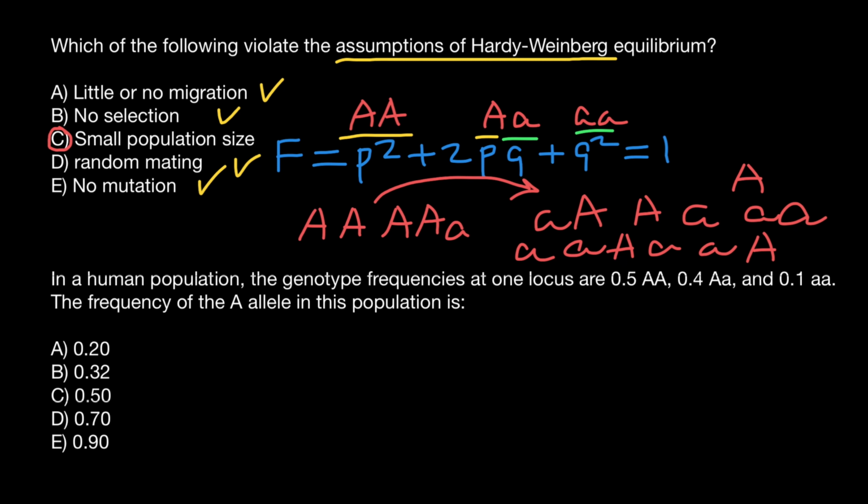Take a look. In the heterozygous genotype, we have both dominant allele A and recessive allele a. So half of the alleles would be dominant and half would be recessive. So we take half of this number, which is 0.2, and add it here.